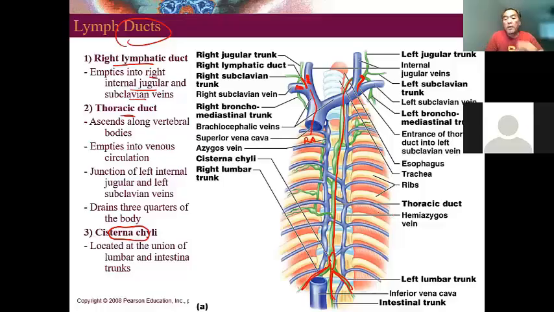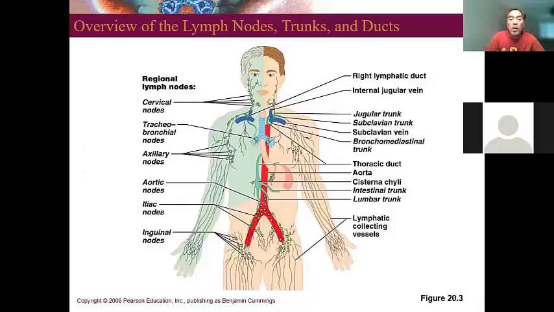Now if I go through your structures, if you notice in our model here, 1/4 of the body is colored green. This area is drained. 1/4 of the body, the right semi-half, is drained by the right lymphatic duct.